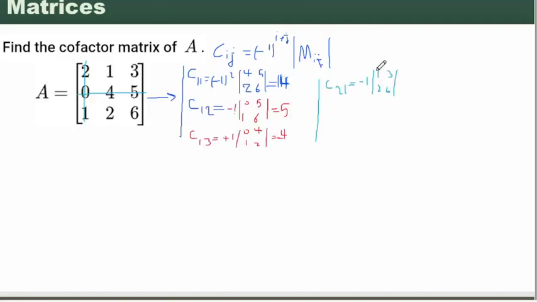So I have 1 times 6, 6 minus 2 times 3, 6, so would be 0.